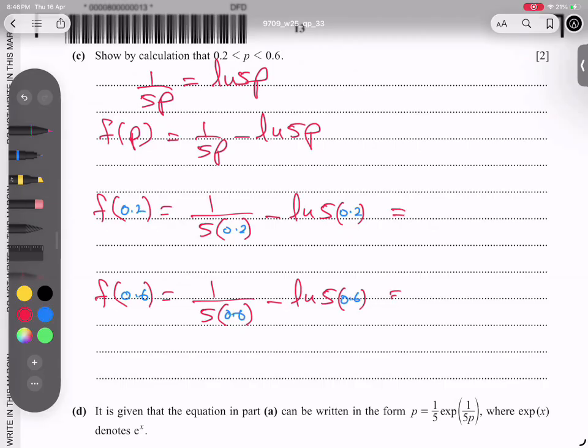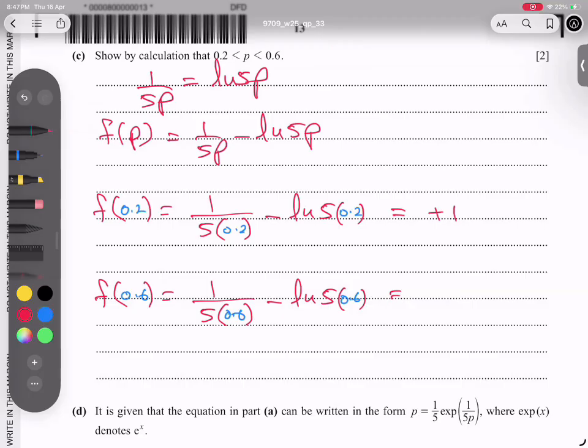I'm going to type in the calculator and let's see what answers turn out to be. We get it here. First is 1 divided by 5 times 0.2 minus log of, in the bracket, 5 times 0.2, and I'm getting positive 1.